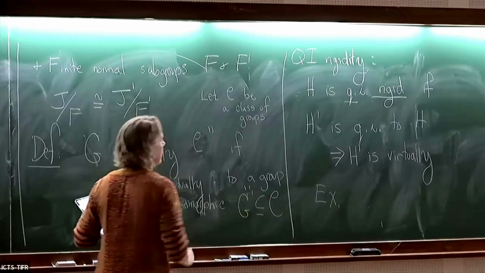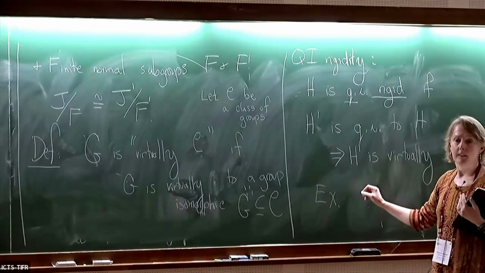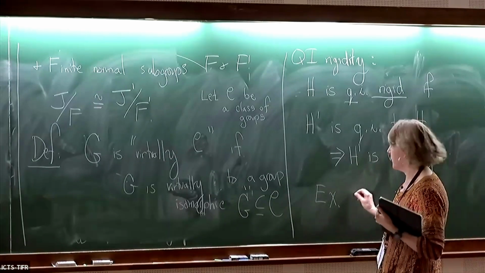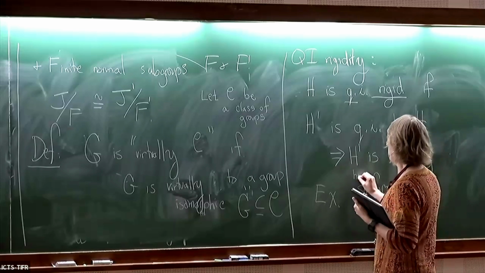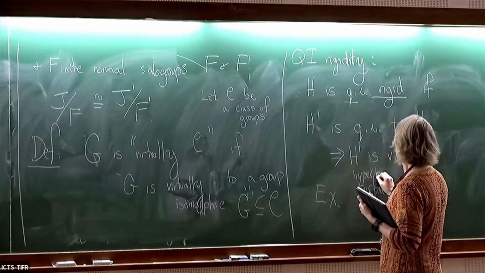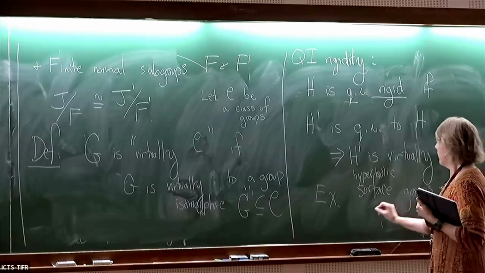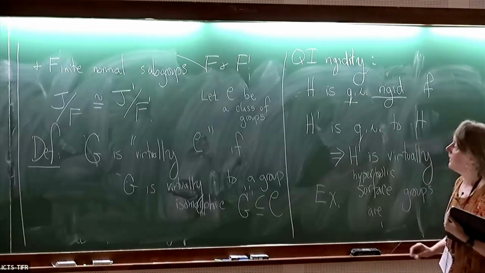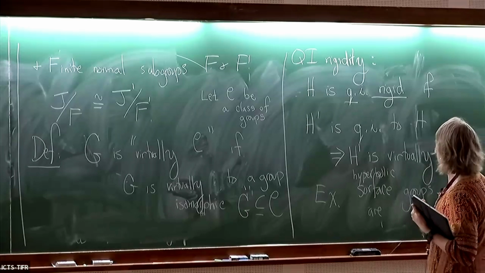Okay, so anything? What's your favorite hyperbolic group? I haven't even said it today. What did you say? A surface group? That's your favorite one? That's right. So surface groups, very good. Hyperbolic surface groups are QI rigid.